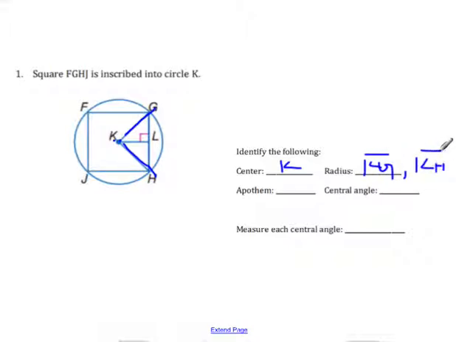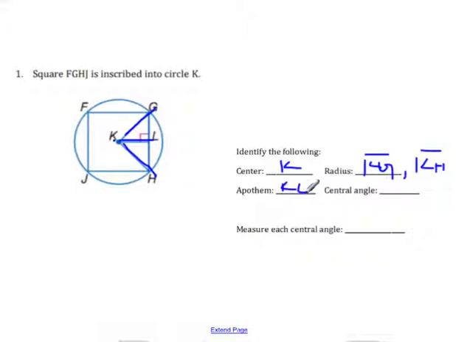The apothem needs to be perpendicular to the side of the polygon, so it starts from K and goes to L. So KL is our apothem.